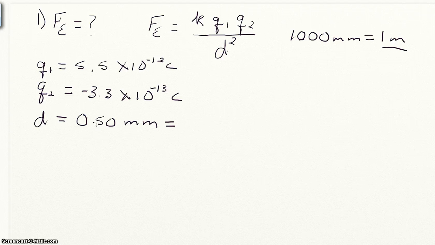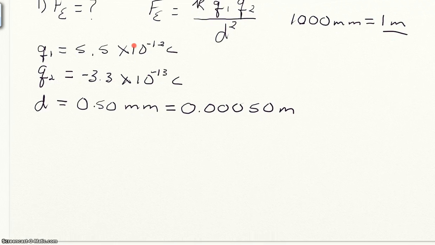If you divide by 1,000, every time that you move the decimal to the left, it's dividing by 10. 10 cubed is 1,000, so we move that decimal to the left 3 spaces. So it should look like this, 0.00050 meters. And that's the distance we're going to use.